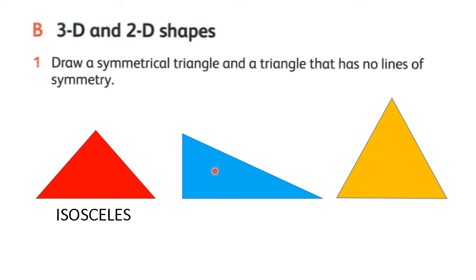The blue one, well, the sides are different and the angles are different. And the name of this is a scalene triangle. The yellow triangle, the sides are equal and the angles are equal. So it's an equilateral triangle.